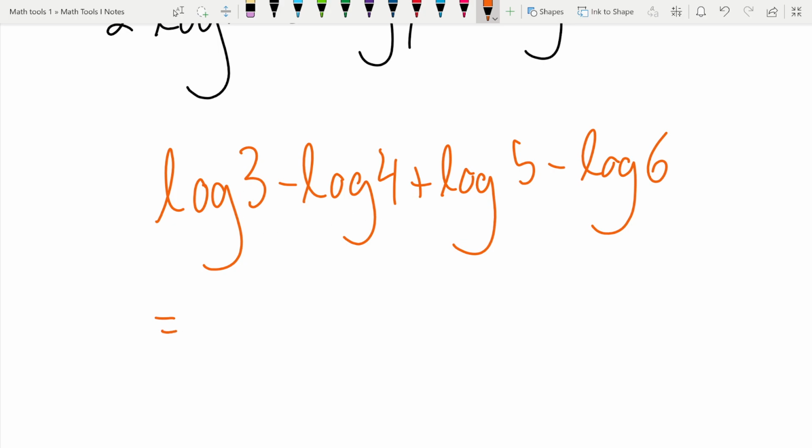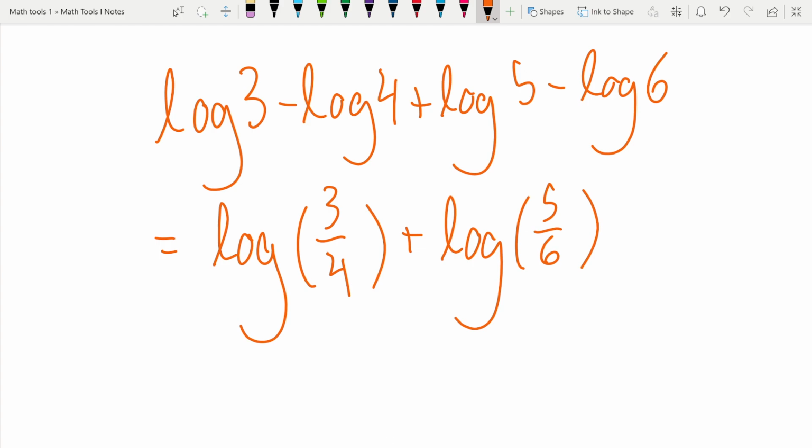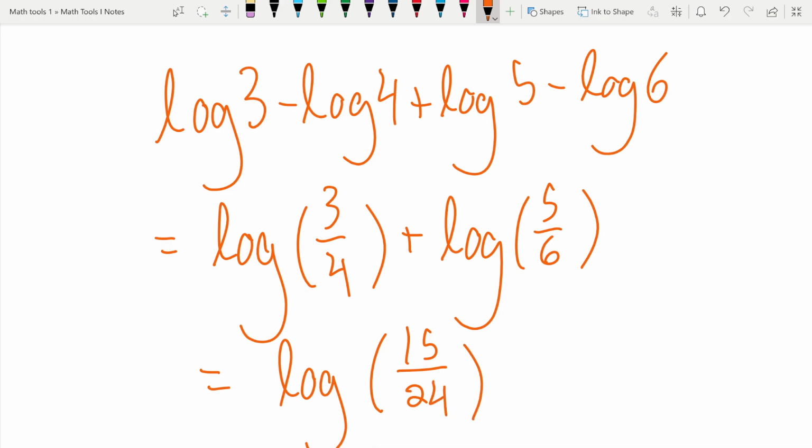First, we'll do the first 2. So using the quotient rule, this is log of 3/4. And then the second 2, this is log of 5/6. Okay. And then using the product rule, this will be log of 3/4 times 5/6. So 15 over 24. And then we get it all just in one nice condensed expression.